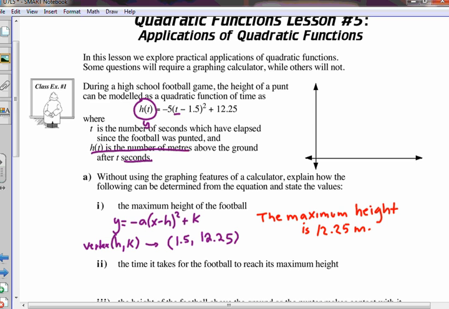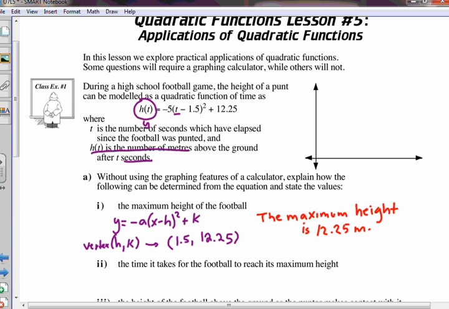Yeah, how many feet? How many feet are in a meter? 3 point, guys remember? It's like 3.1, I'm pretty sure. 3 point, it's on your formula sheet.